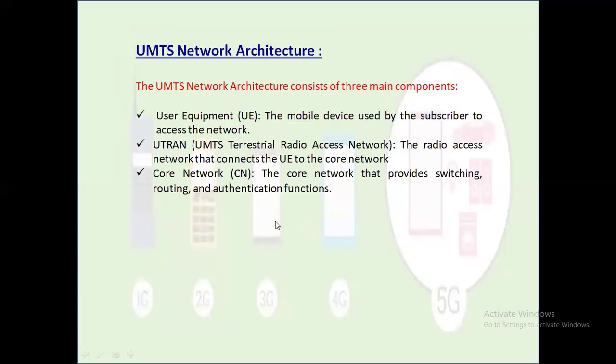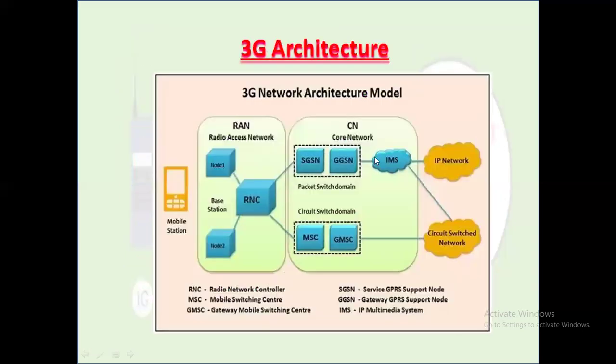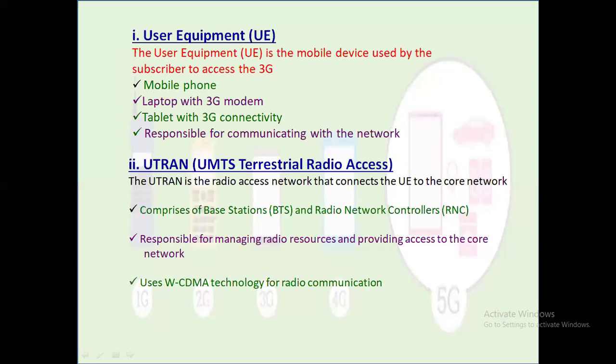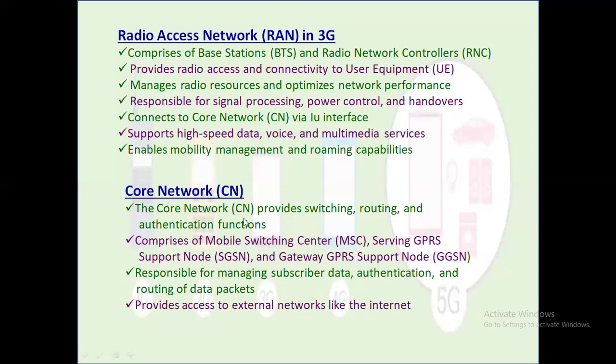Next, the core network. See here, this is the RAN, the radio access network, and this part is the core network. We are calling it CN. The core network provides switching, routing, and authentication functions. It comprises mobile switching centers, MSC, serving GPRS support nodes, SGSN, and gateway GPRS support nodes, GGSN.